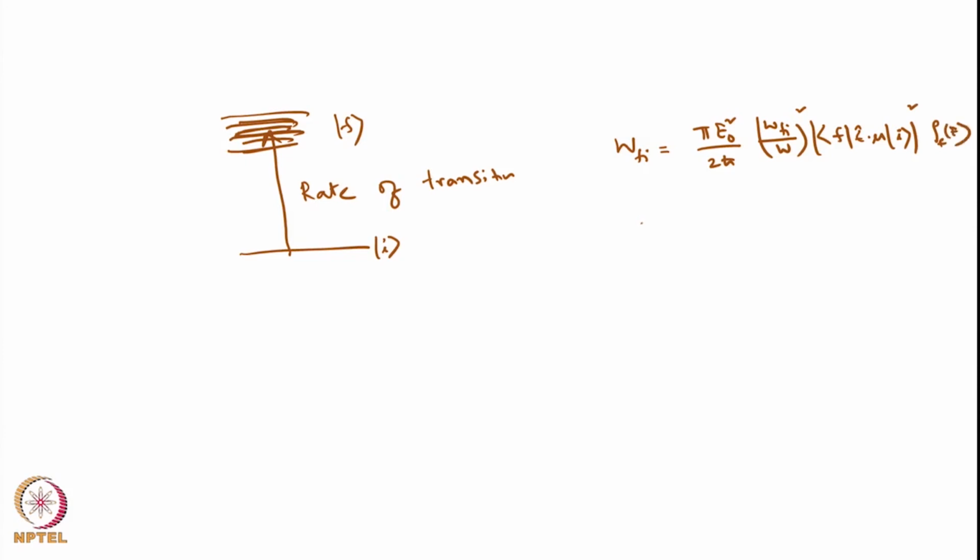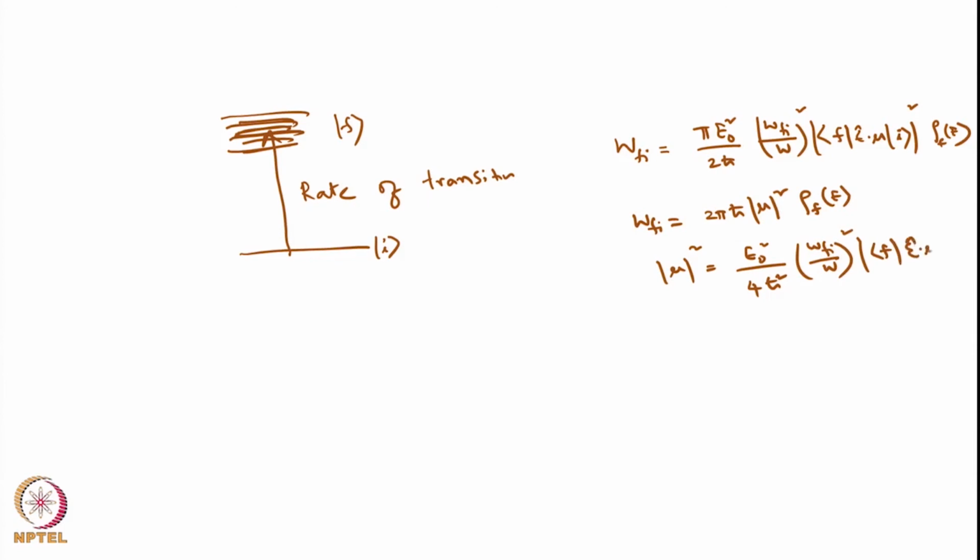This can be written as WFI equals 2 pi h bar modulus of mu square rho f of E, and modulus of mu square is equal to E naught square by 4 h bar square, omega Fi by omega square, modulus of f epsilon naught I square. So this is the transition dipole, which of course for a given transition is constant.